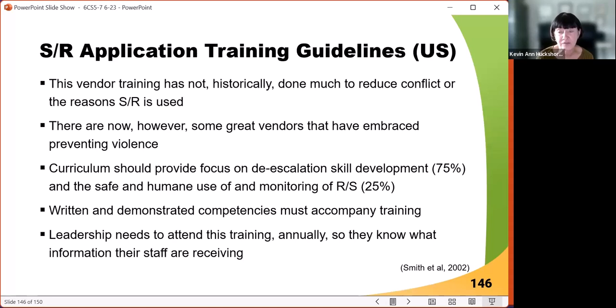But for any of you who might go somewhere else, just know that if you walk into a new job and they're mostly training fancy martial arts maneuvers that you'll never remember unless you use them all the time, you've got a problem. Competencies must accompany the training, and leadership needs to attend this training so they know what information their staff are receiving. Next slide.